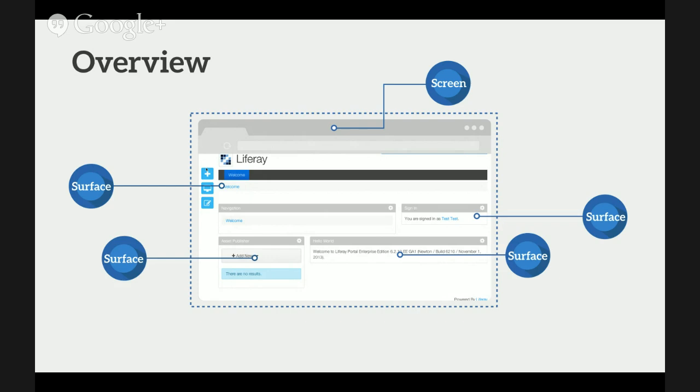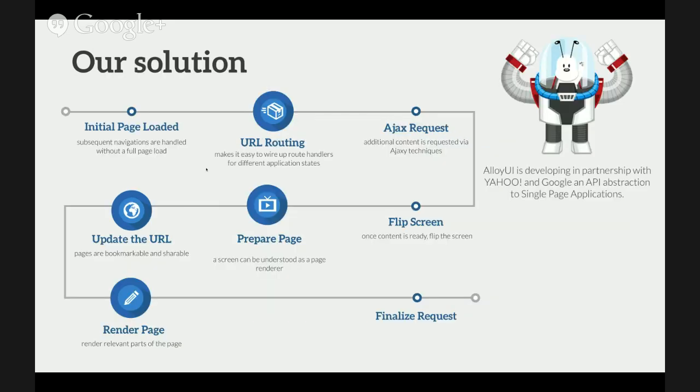And those parts need to respect a bunch of things, respect a life cycle. They need to respect history, HTML5 history. They need to also handle scrolling history and many other stuff. So we put all together and we created this life cycle. But what does this surface abstraction provide?